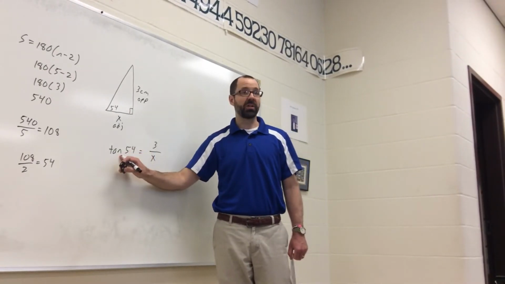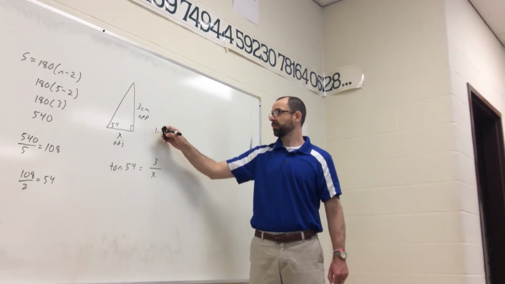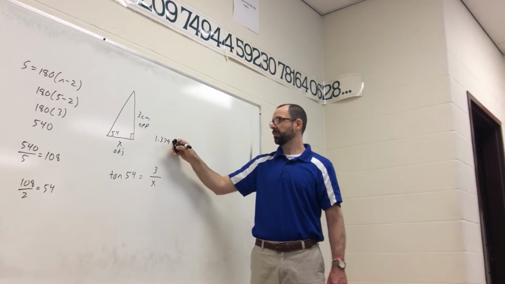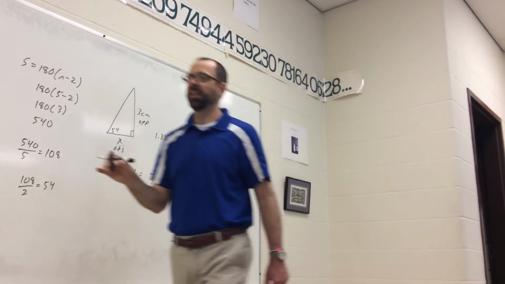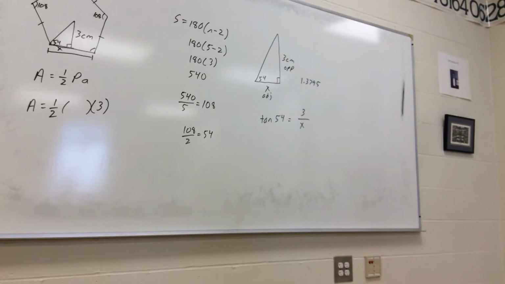All right, now we're going to use our calculator to figure out tangent of 54. I don't think I got that right. It's 1.3763. 1.376.